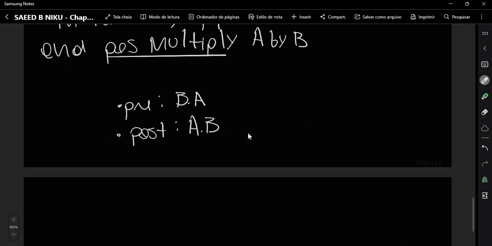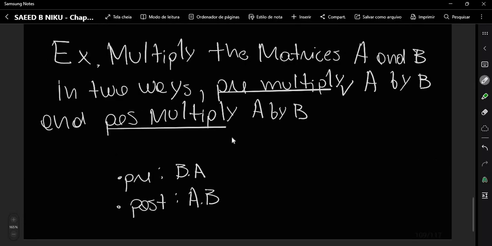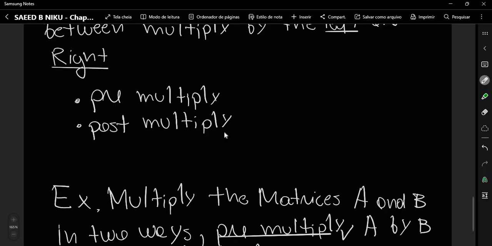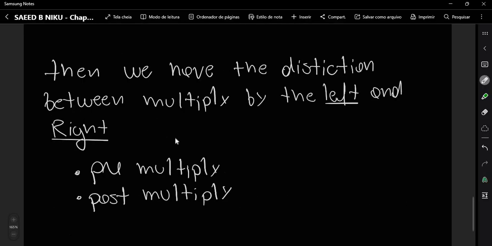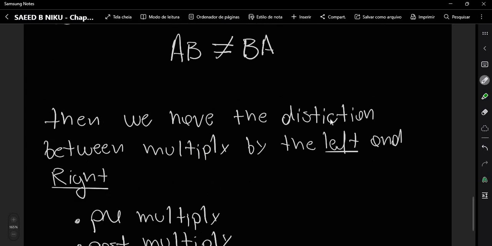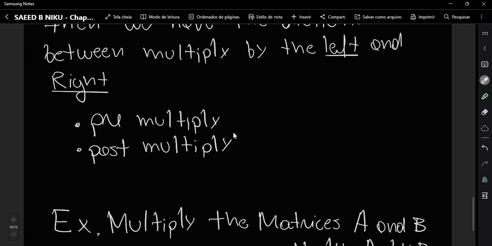Post multiply is multiplied by the left, or if I'm not wrong, because as I'm being guided by the book, hopefully I do not pass this wrong to you.